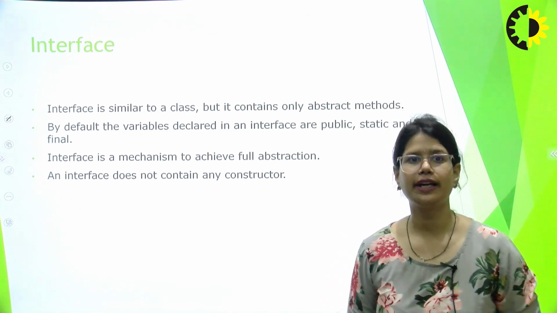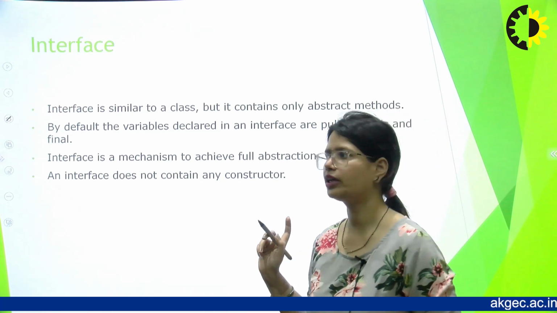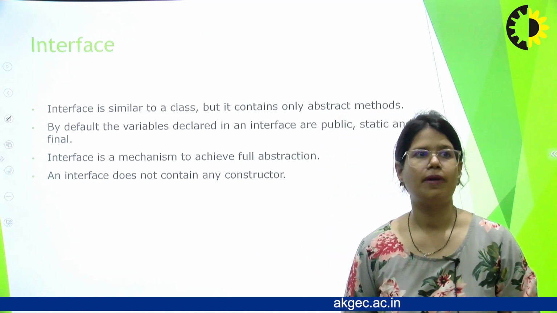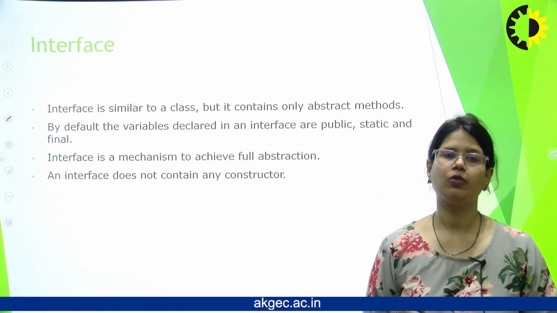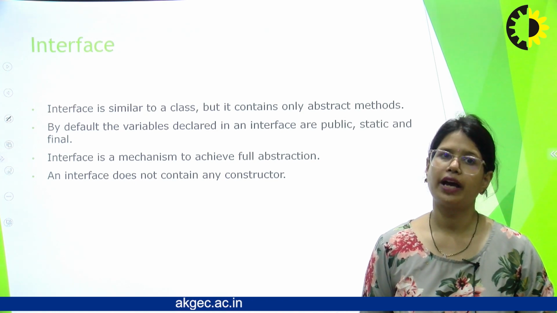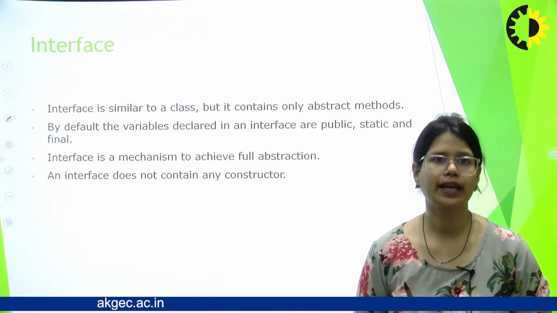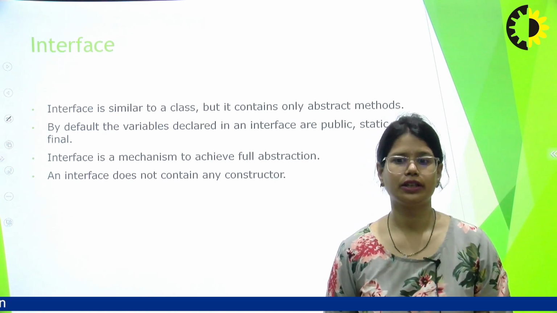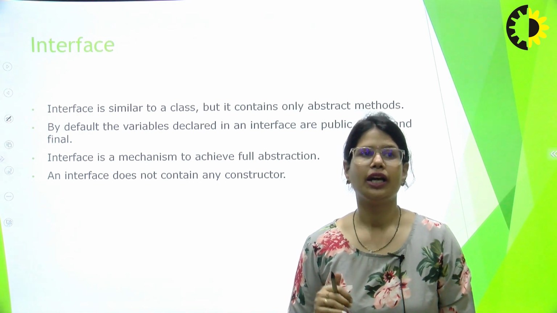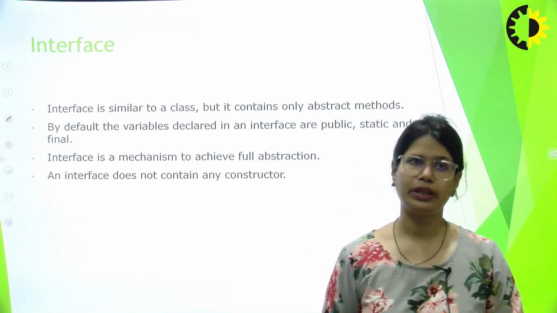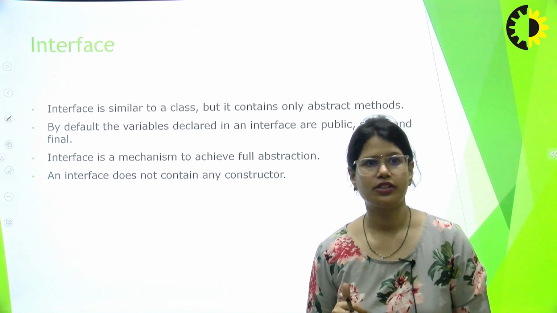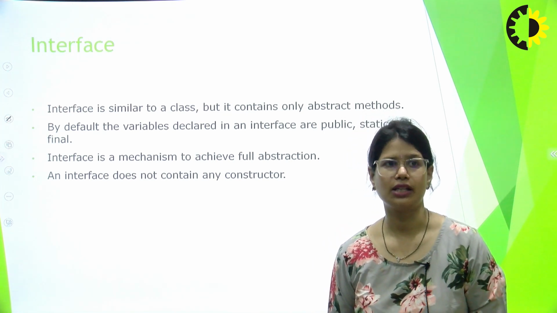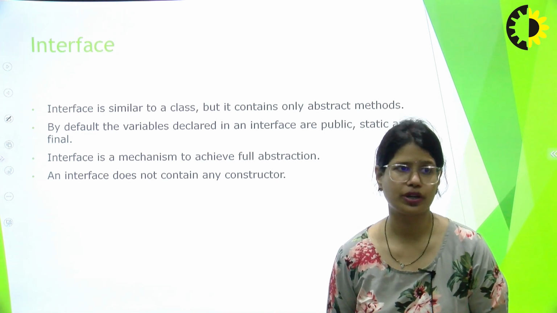Now let's understand interface. We have already used an interface in the example for the package, where I told you that we will only be declaring the methods in the interface, not defining them. An interface is similar to a class, but it contains only abstract methods.